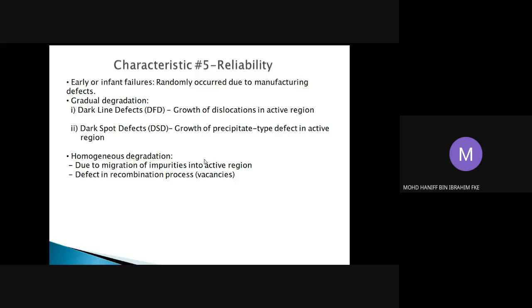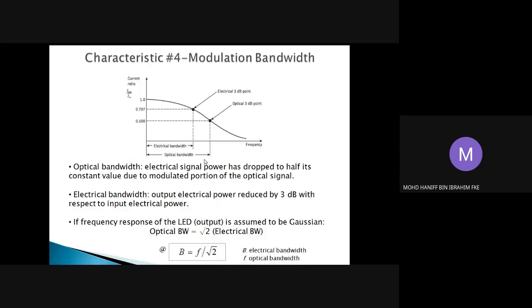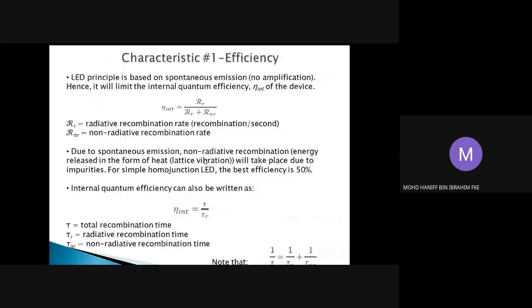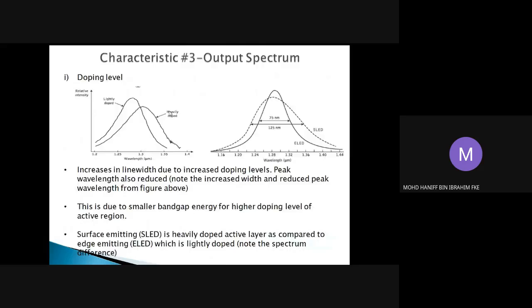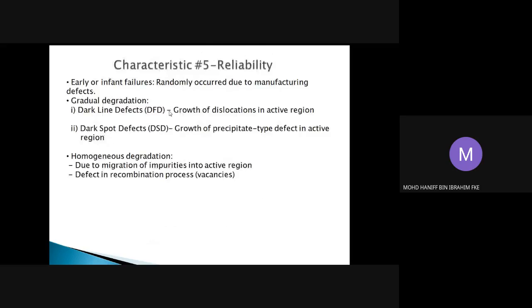We can go back to this equation from before. When we have an increasing non-radiative recombination rate as a result of increased impurities, the internal quantum efficiency will be reduced significantly. All of this will reduce the LED efficiency, and it is said that the LED has been degraded.